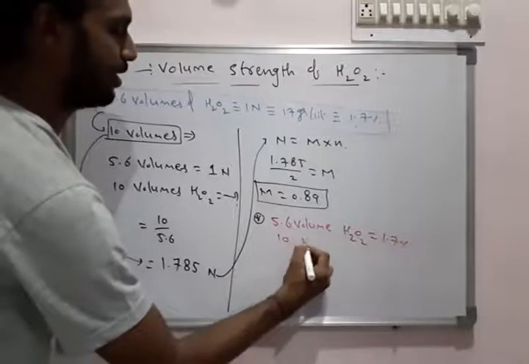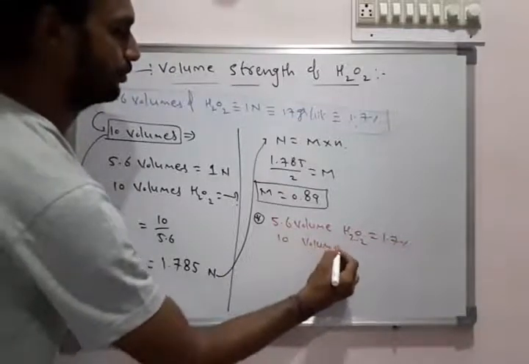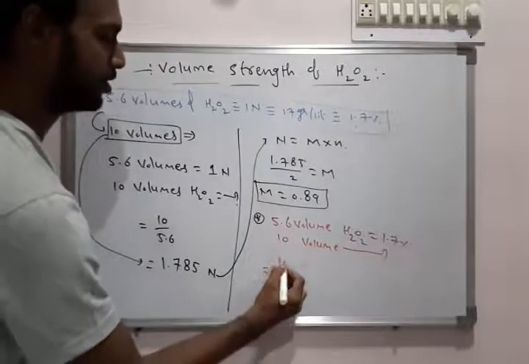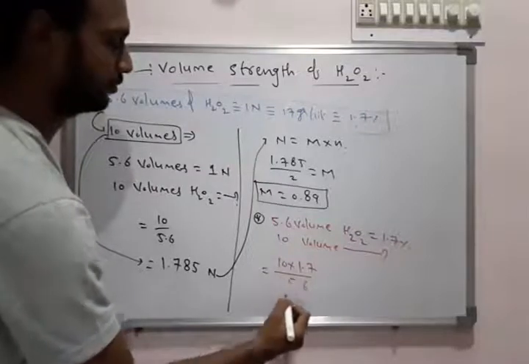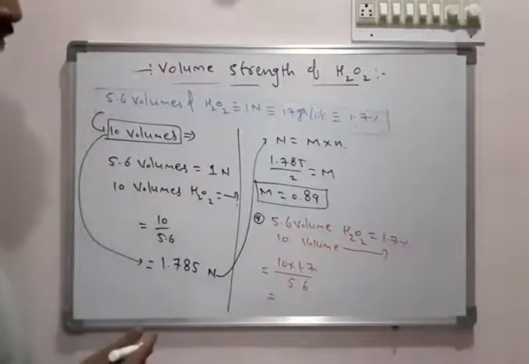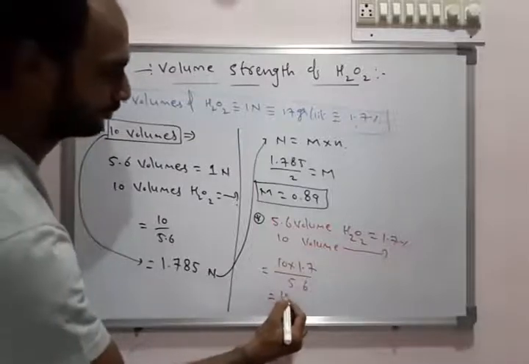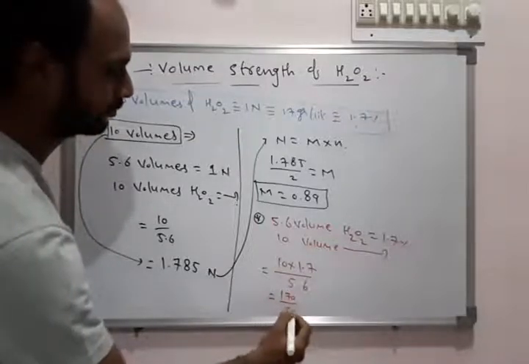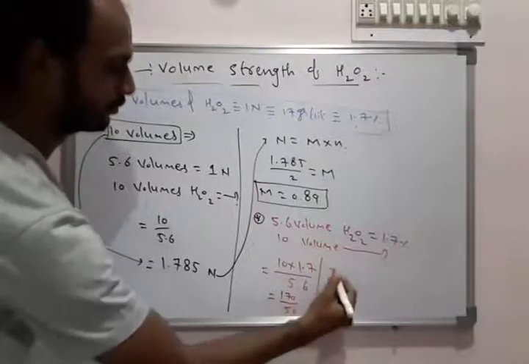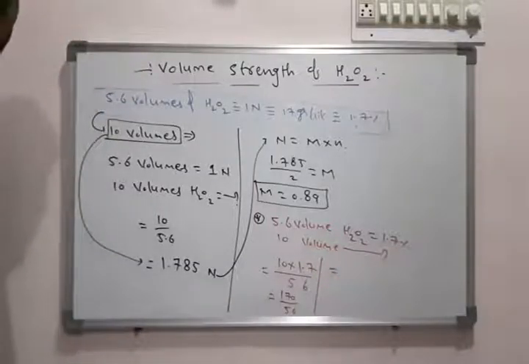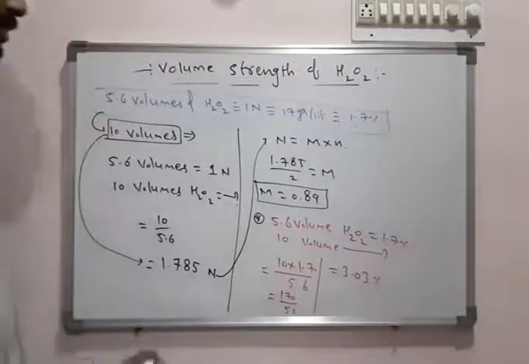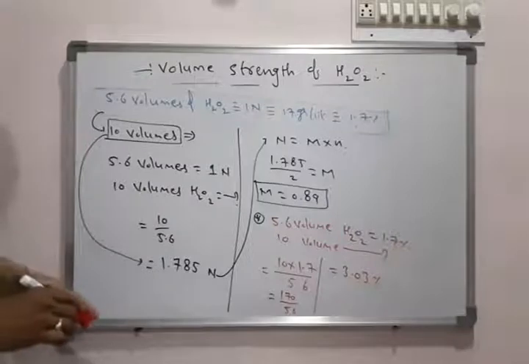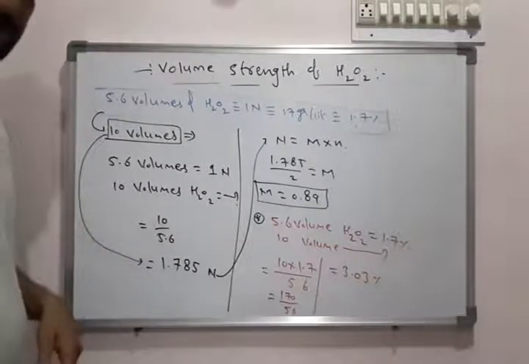So what about 10 volumes? 10 volume hydrogen peroxide is how much? Here we get approximately 3.03%. So we are just converting 5.6 volumes into 10 volumes for easy purposes.